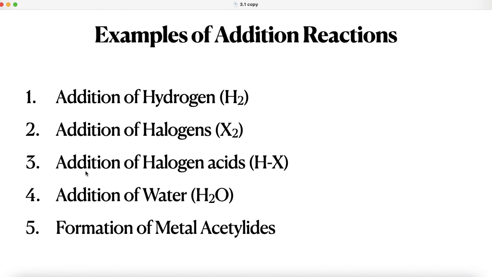Alkynes also undergo addition of halogen acids. Alkynes also undergo addition of water, and alkynes also show substitution type of reaction, which leads to the formation of acetylide.